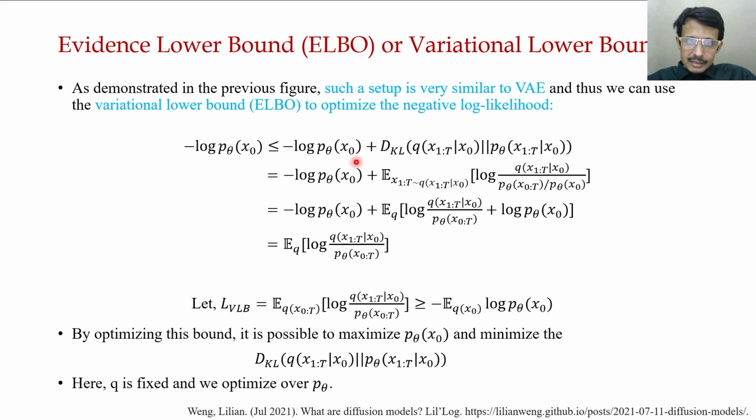This is just mathematical derivation. The basic idea is that by optimizing this bound, it is possible to maximize p theta x0 and minimize this loss, exactly what we want to do. We minimize this loss so that when doing the reverse process, we can get more realistic samples. Here q is fixed and we optimize p theta.